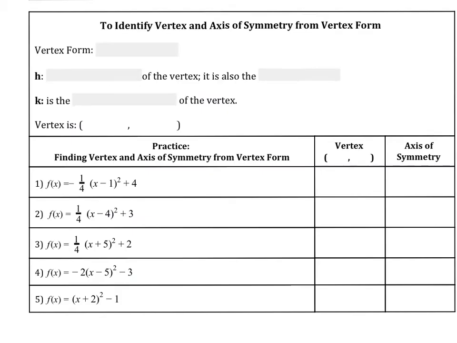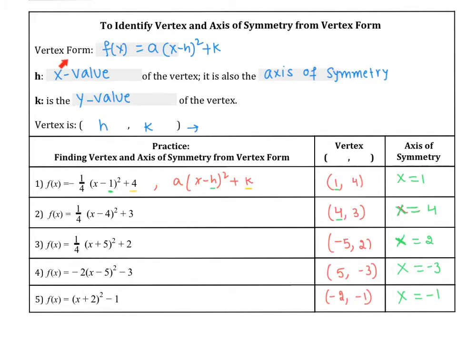Let's do the next part, which is to identify the vertex and axis of symmetry from the vertex form. The vertex form is f(x) equals a(x minus h) squared plus k. h is the x value of the vertex, and it is also known as the axis of symmetry. k is the y value of the vertex.